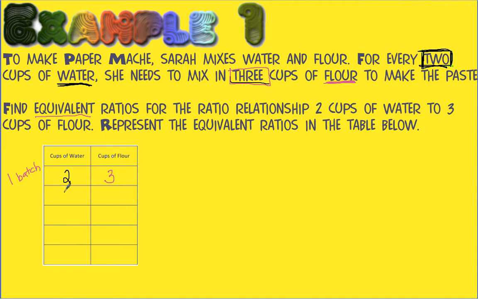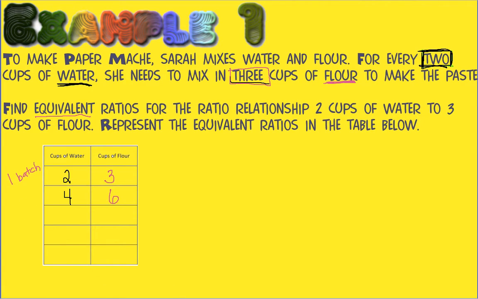So if I double the amount of water, I have to double the amount of flour. Right, so here I know that this ratio 2 to 3 is equivalent to the ratio 4 to 6, because I'm taking what I need for that one batch and creating a second batch.